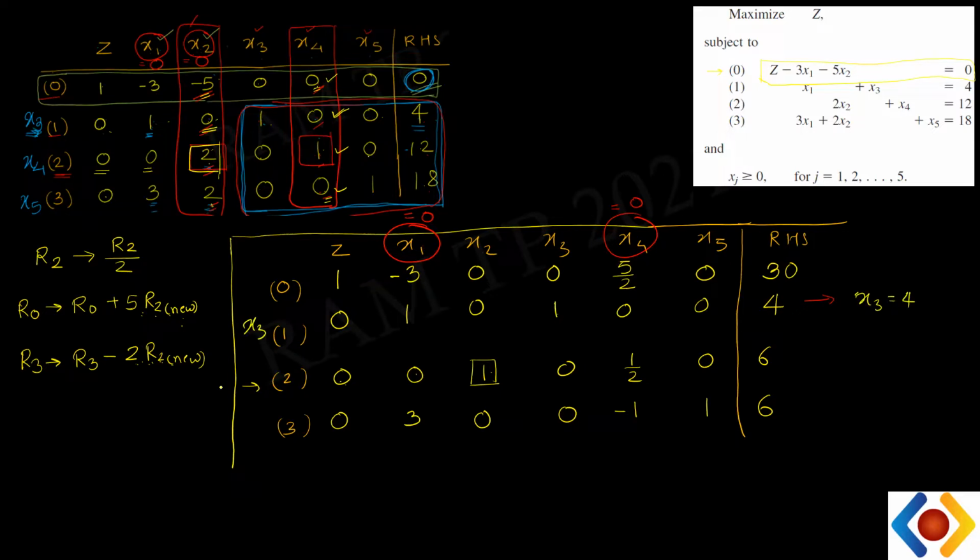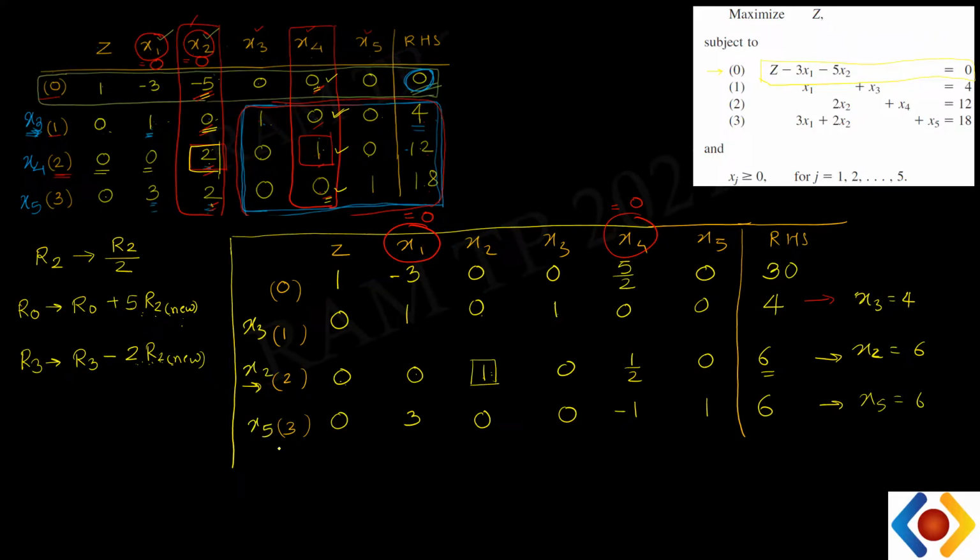What is this row giving you the solution for? X2. Why? Because X2 is 1. We made that 1 here, right? 0, 0, 1, 0. Okay. So X2 is equal to 6, right? And the third row is giving you the solution for X5. X5 is equal to 6, right?